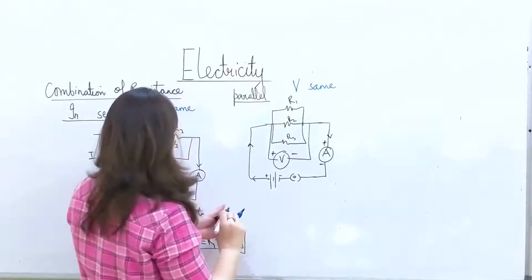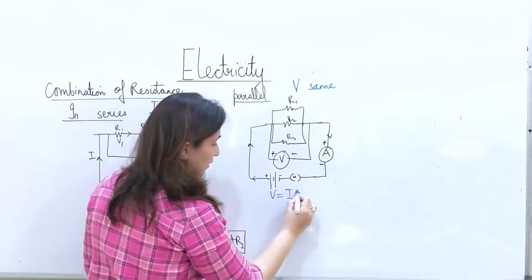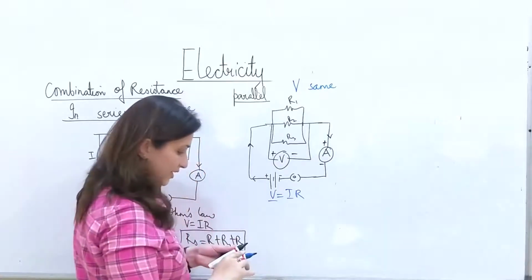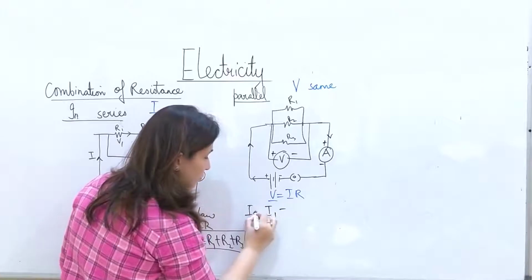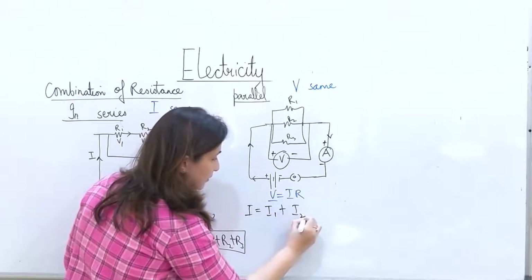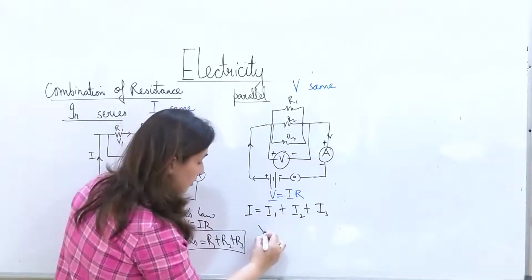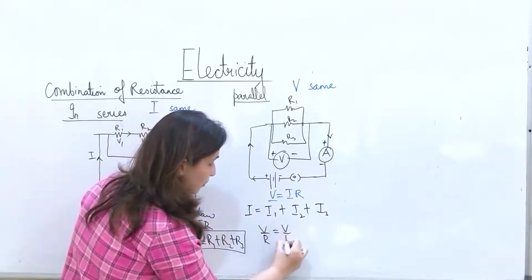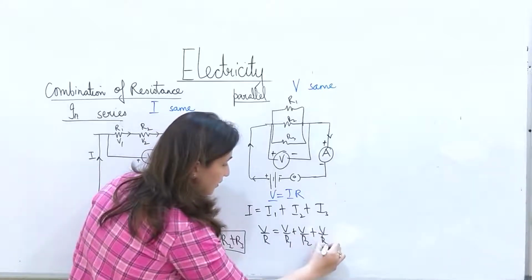From Ohm's law, what was Ohm's law? V equals IR. But in this case, V is same. So I am using I equals I1 plus I2 plus I3. I am putting the value of I from Ohm's law: V upon R equals V upon R1 plus V upon R2 plus V upon R3.